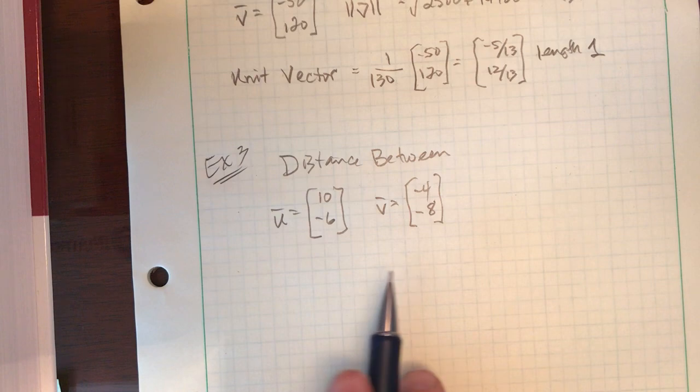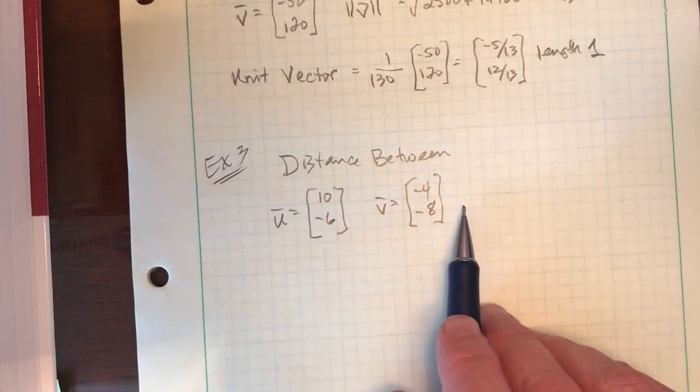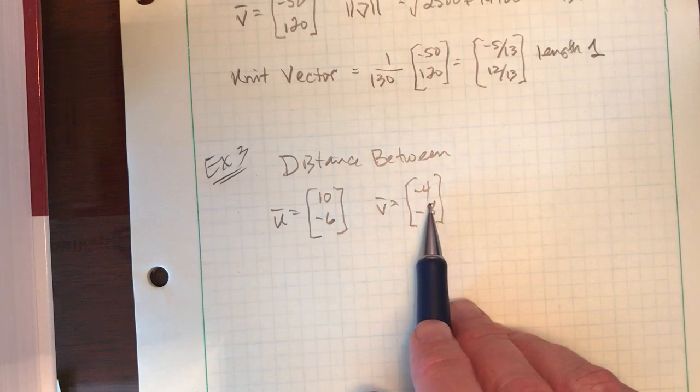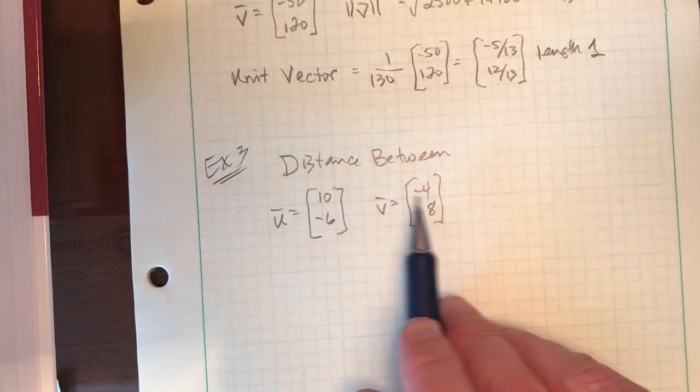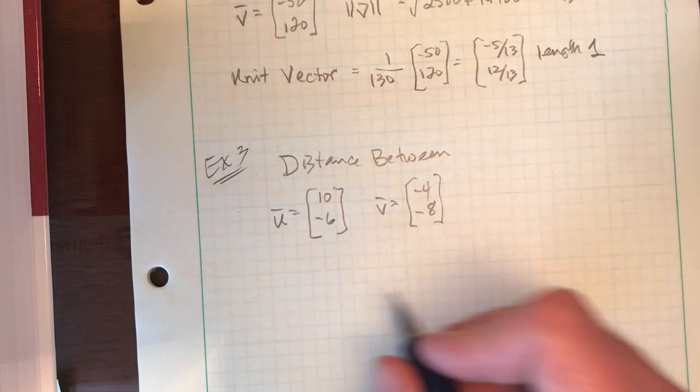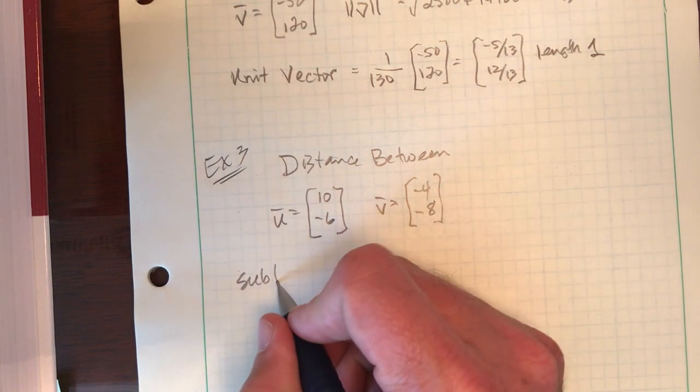So again, these two vectors are heading out in different directions, and what we first need to figure out is we're going to get, in a sense, a vector between the tips of these two. So step number 1 is subtract these two vectors.